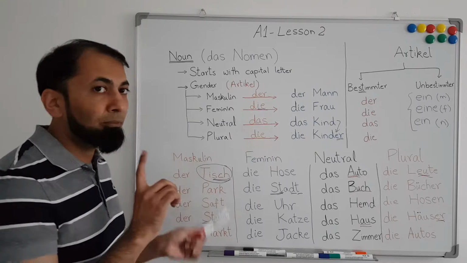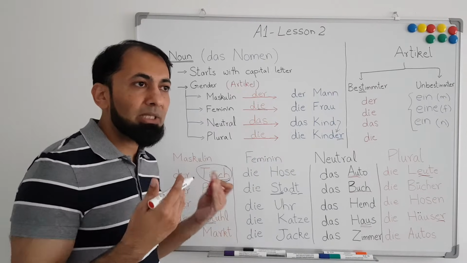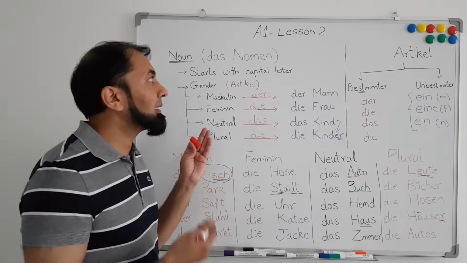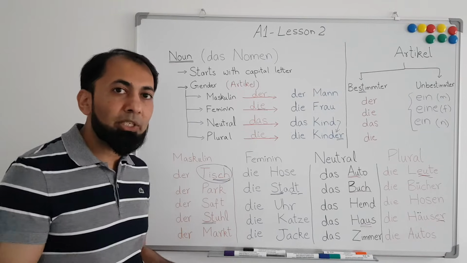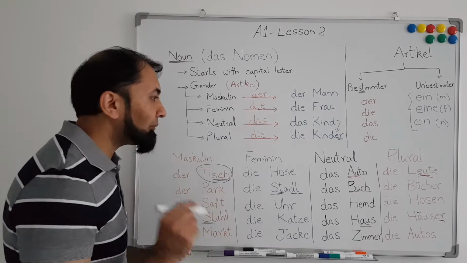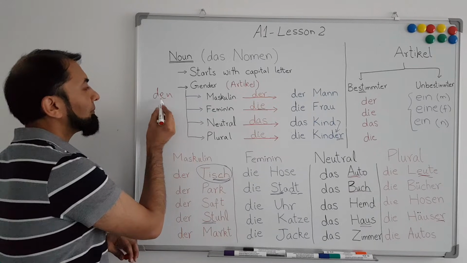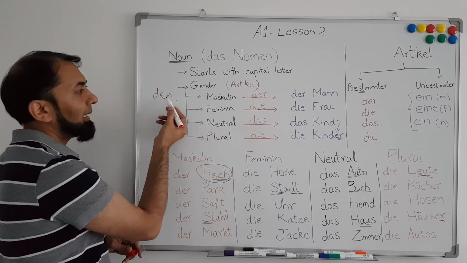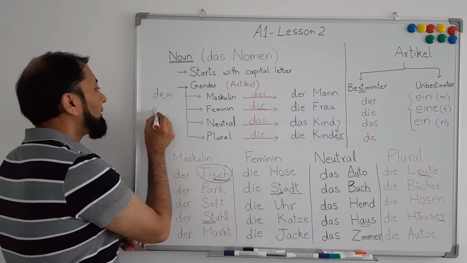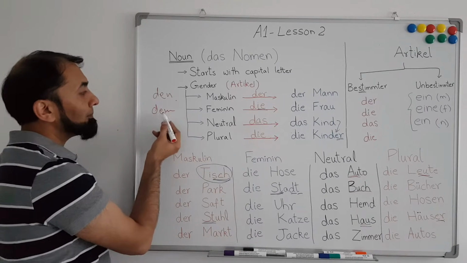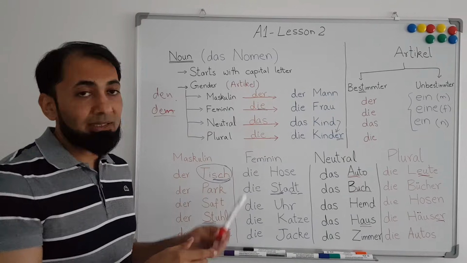One more point: if you are now searching in Google for articles and nouns, different topics, or you watch different videos on YouTube, there can be a confusing thing that you will see that sometimes you have den, dem, dam. We haven't covered it yet because it's an advanced topic.